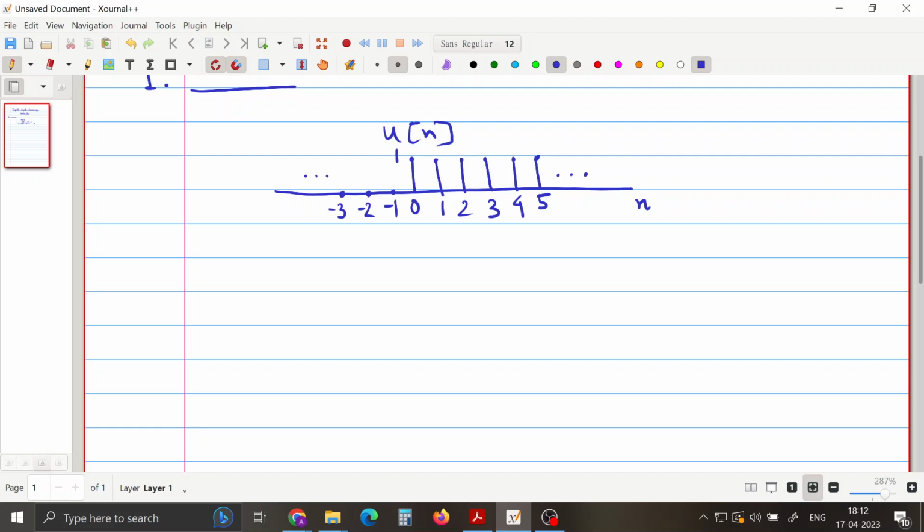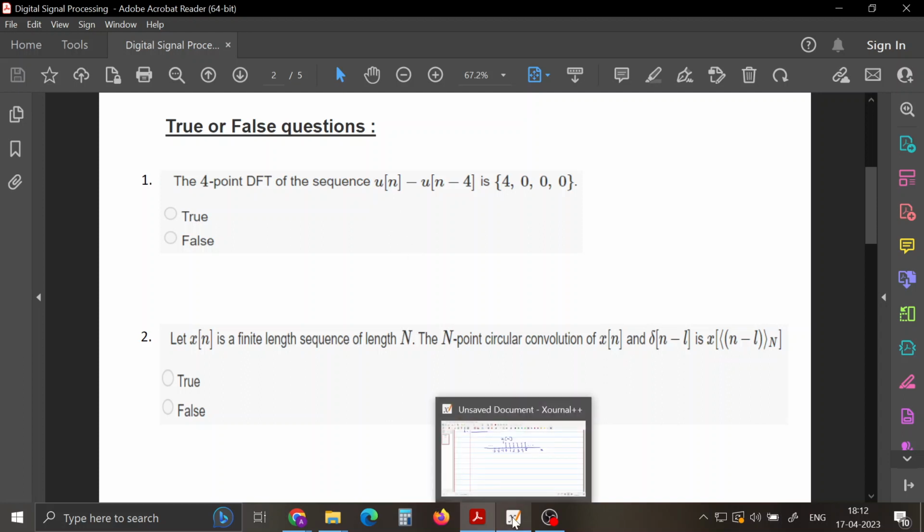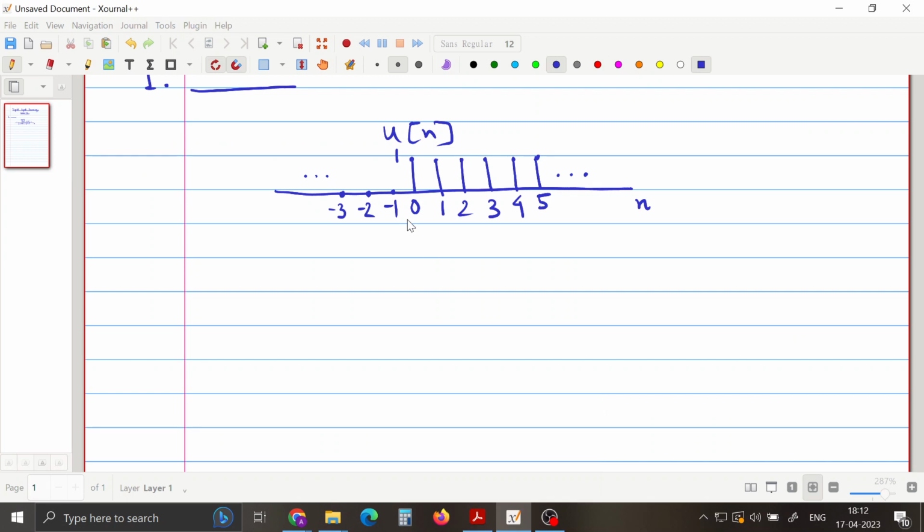And the second term was u of n minus 4, right? In the question we need to check the sequence u of n minus u of n minus 4. So this was the first part, u of n, and from u of n we are subtracting u of n minus 4.